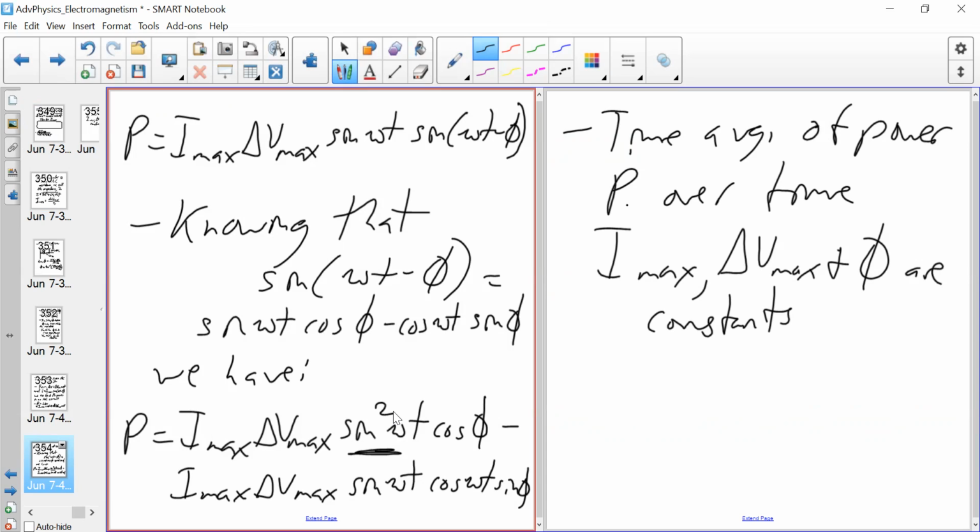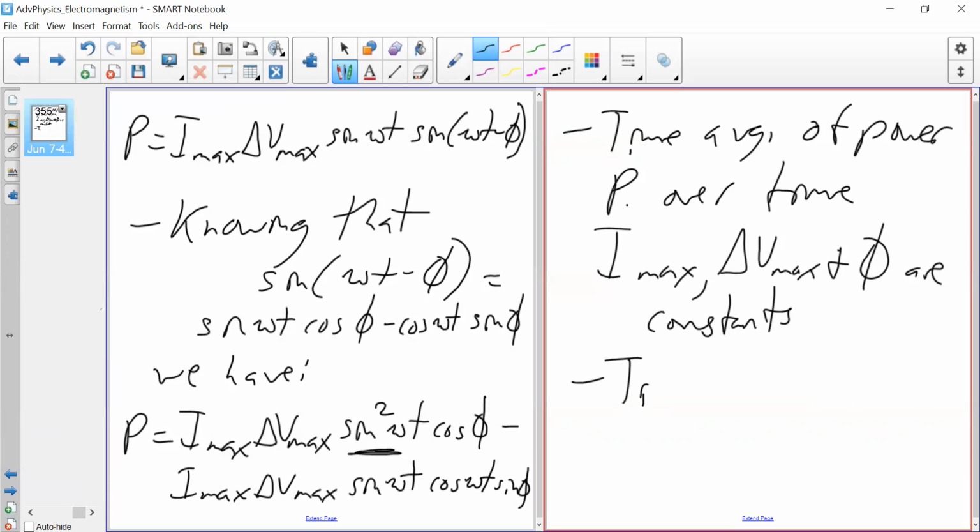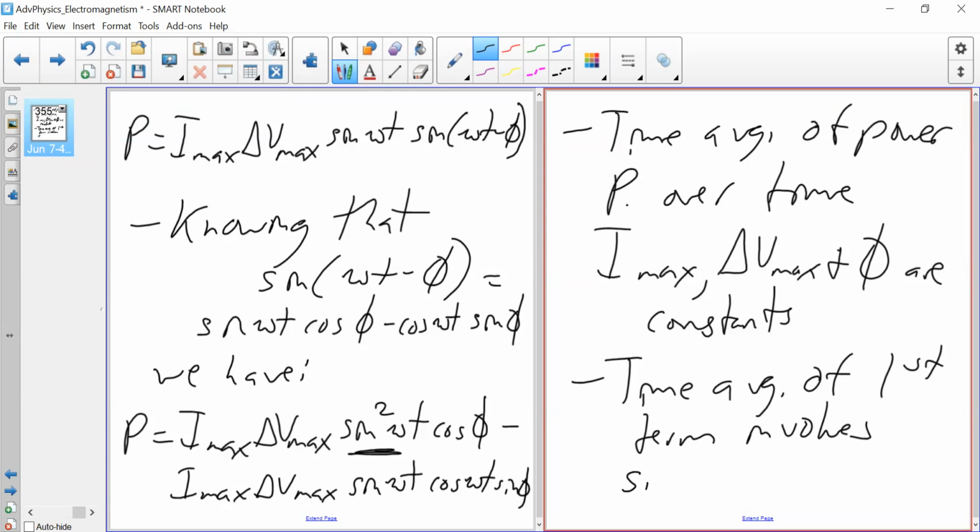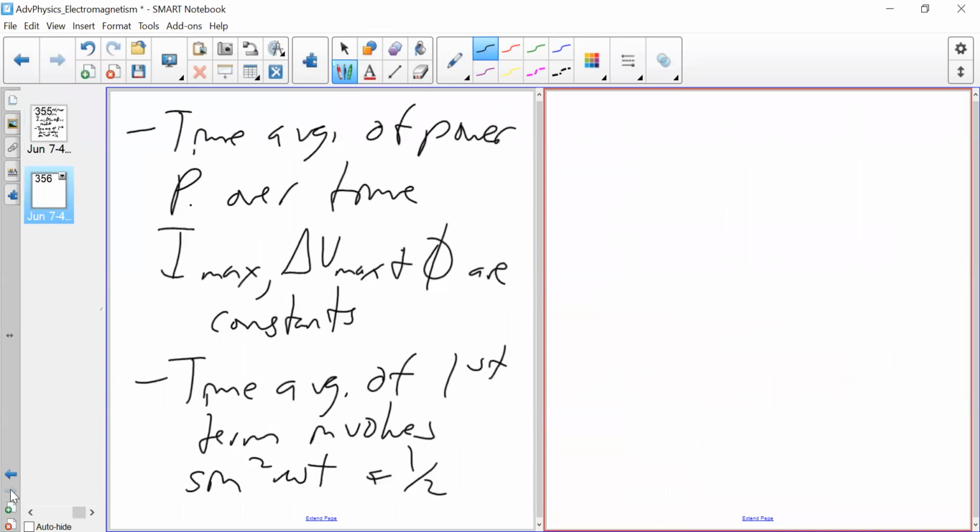The time average of this function is something you've probably seen in your math classes, but I will just let you know that the time average of the first term in the power equation involves sine squared omega t, which is equal to 1/2. The sine squared function, the time average is 1/2. The second term goes to 0.